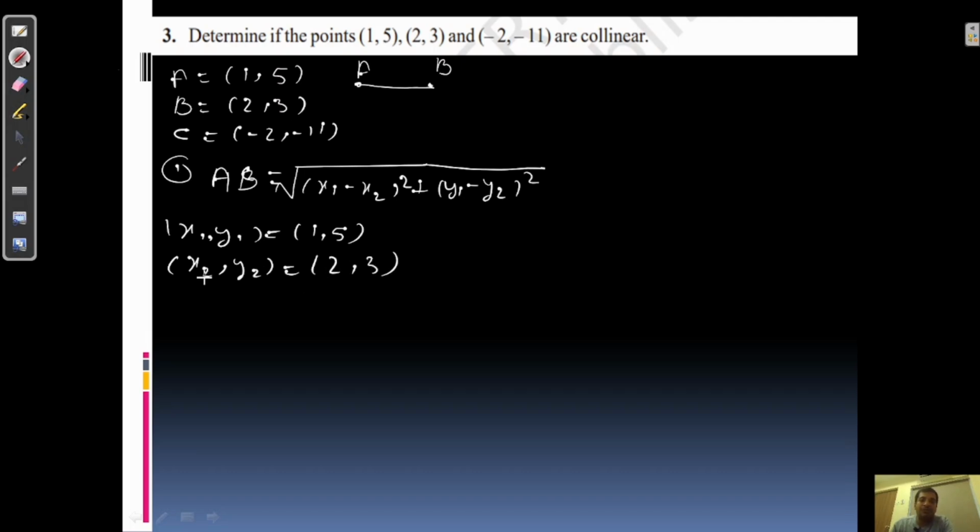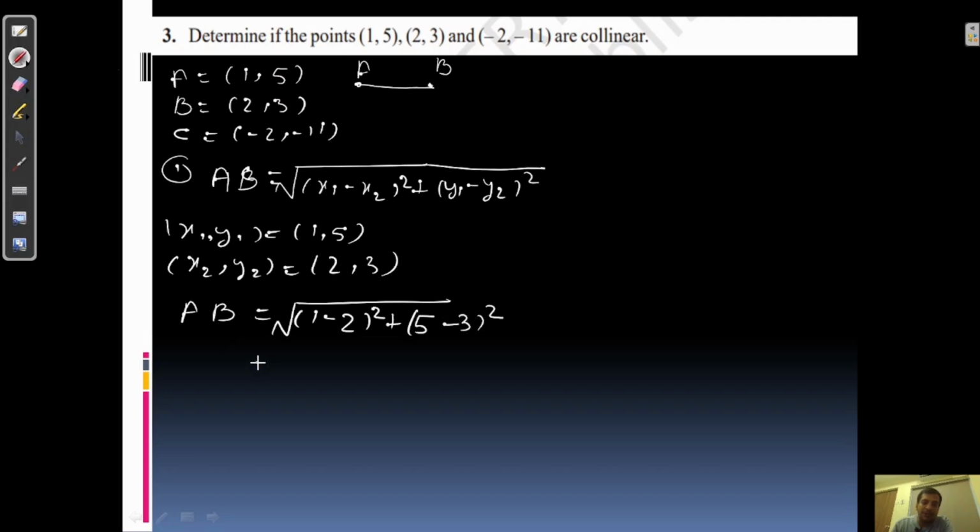So the value of x2 will be 2 and the value of y2 will be 3. Putting the values in our formula, AB will be equal to root of (1 minus 2) whole square plus (5 minus 3) whole square.